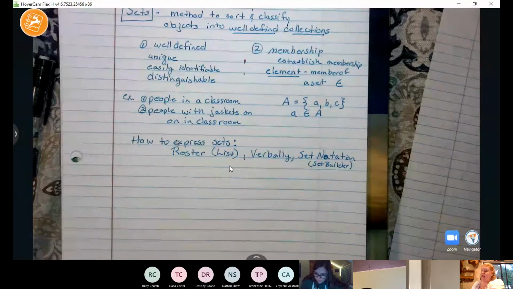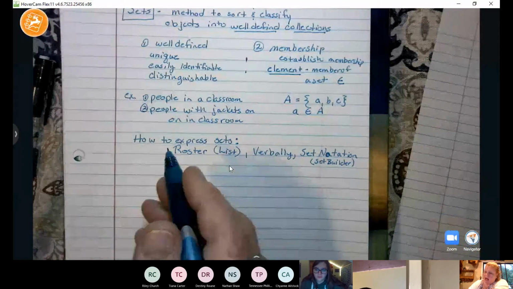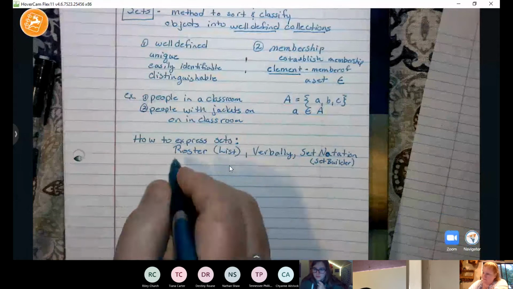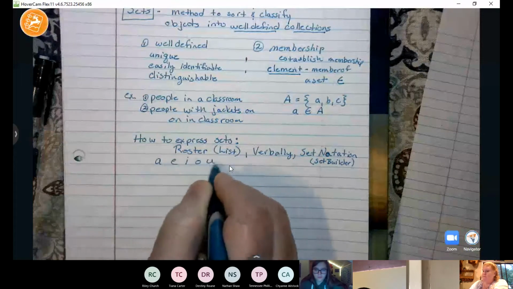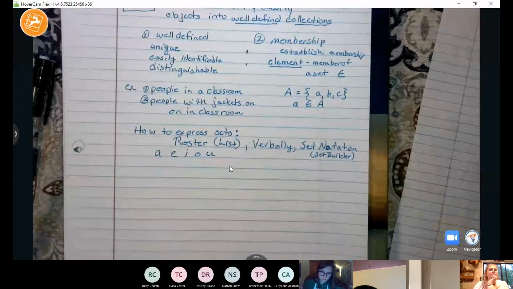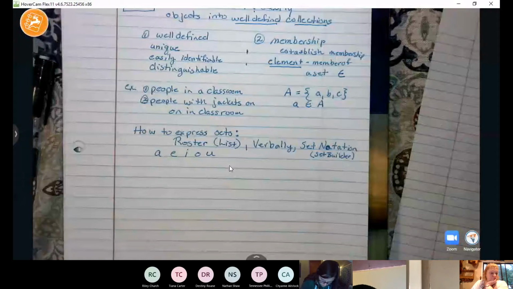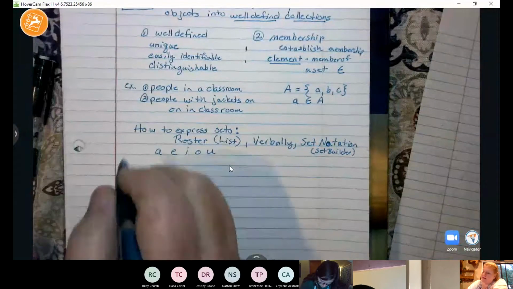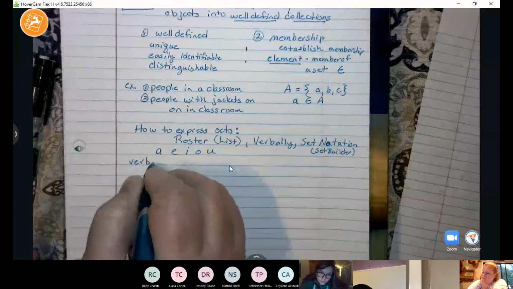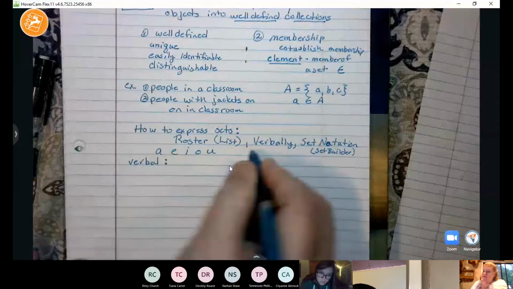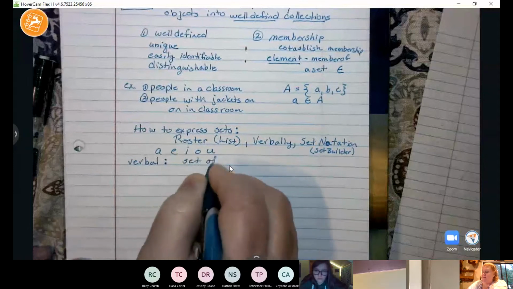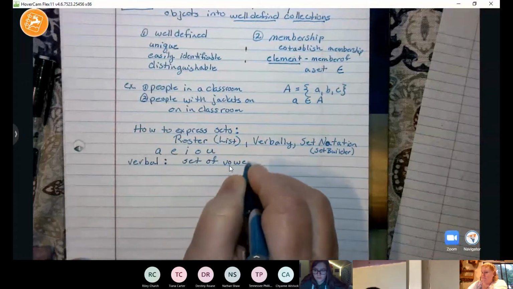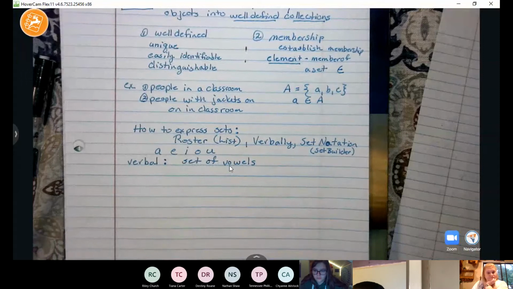So let's look at an example. We have all these items. Those items should look familiar to you. If I was going to give a verbal description of those items, I would say this is the set of vowels.